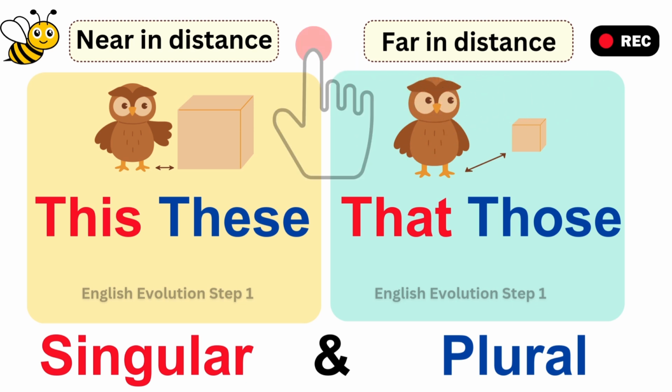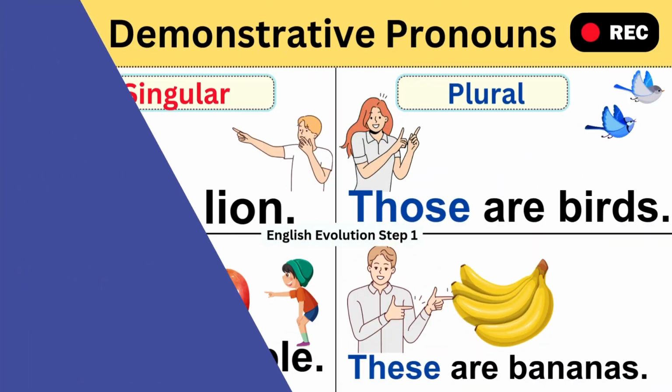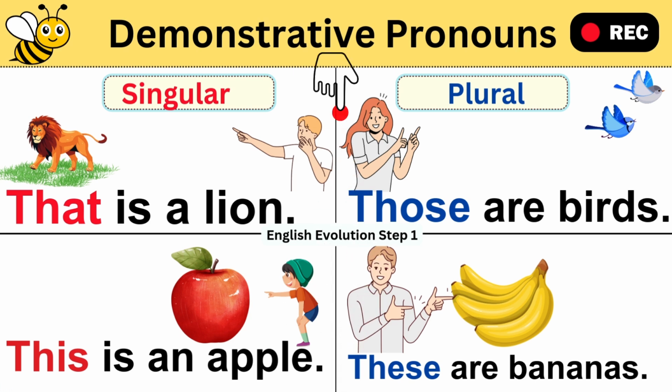So, let's get started with examples using these demonstrative pronouns together. Listen and practice. Near in distance, singular. This is an apple.